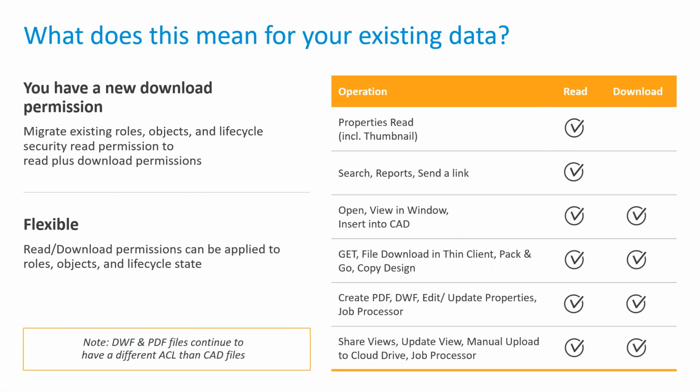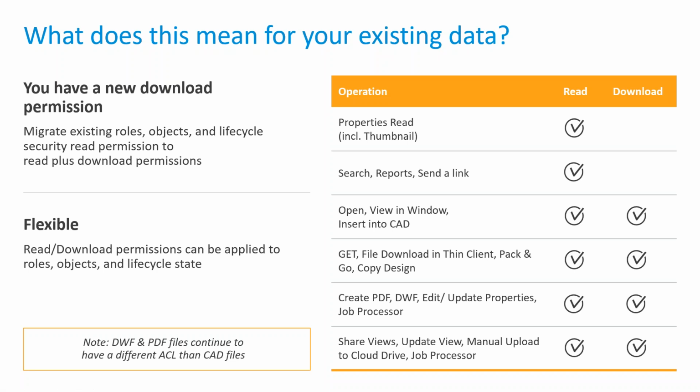So it is important to note that because of this new security model, existing files are going to behave the same way they did today. Anything existing in Vault is going to have the download permission if read permission was there.